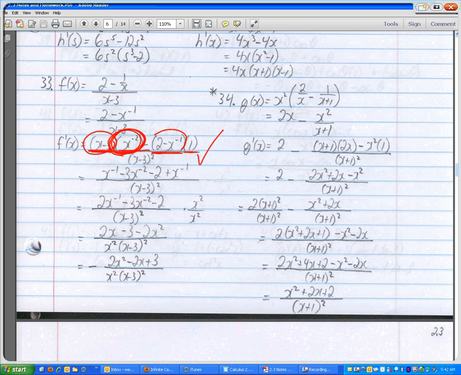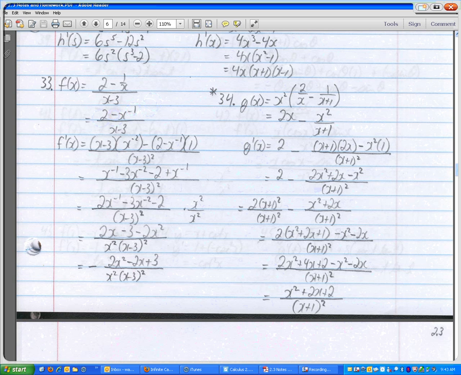The top, so there it is, times the derivative of the bottom. The bottom is x minus 3. The derivative of x is 1. The derivative of negative 3 is 0. So the derivative of the bottom is 1. Bottom squared. For the derivative of the top, the reason why it's not negative is because it's 2 minus x derivative. Right. When I multiply that times that, I get a positive 1.